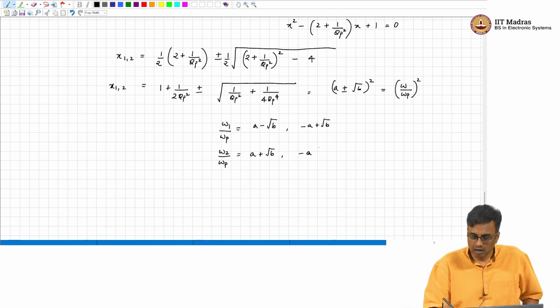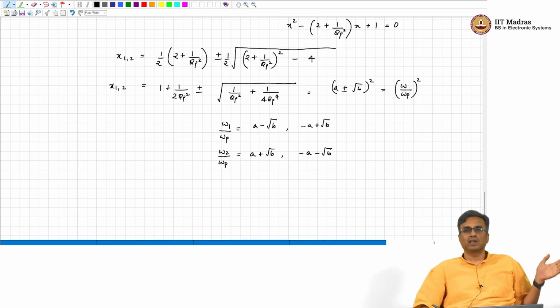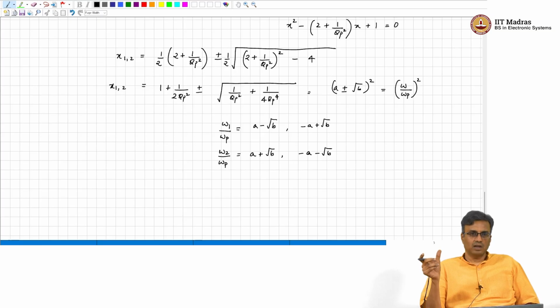Two of them will be for negative omega, because the magnitude response is an even function, and two of them will be for the positive one.